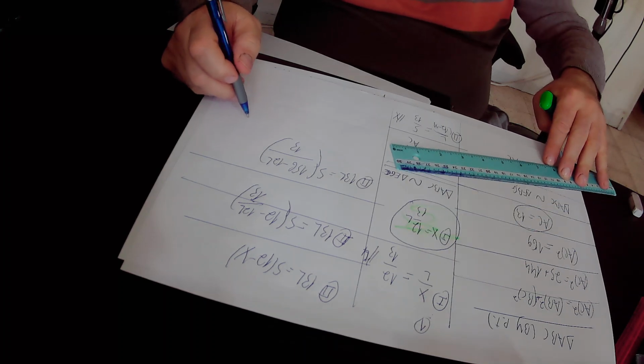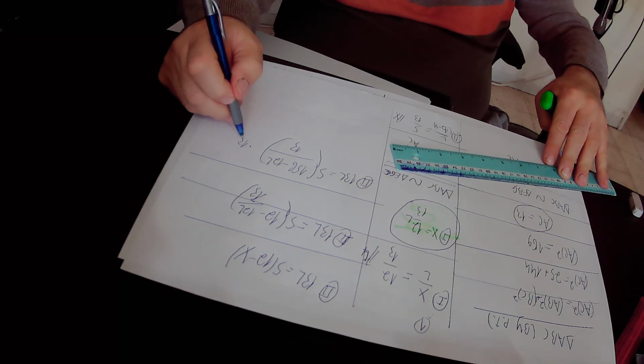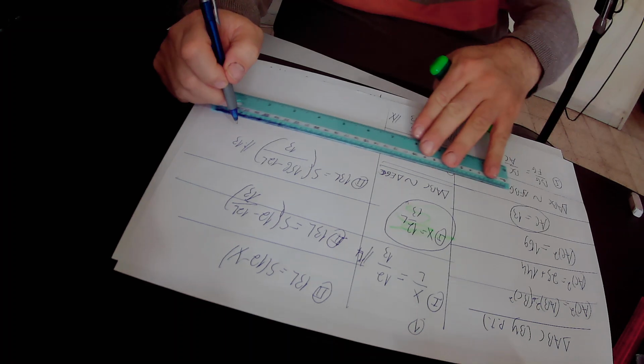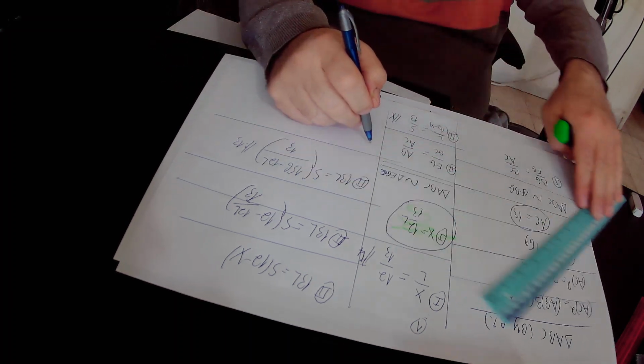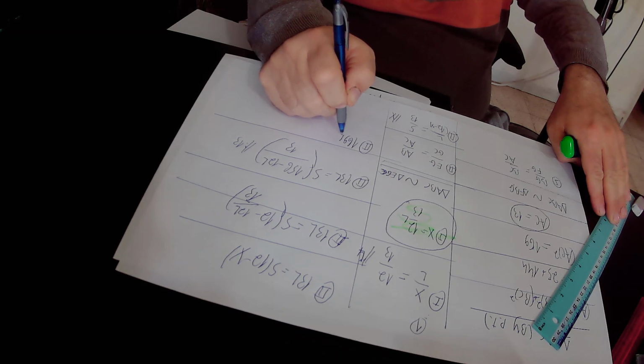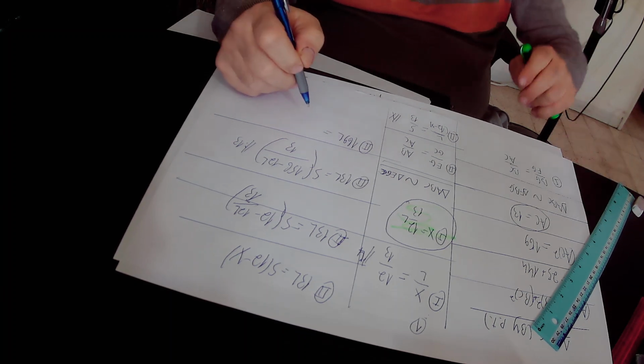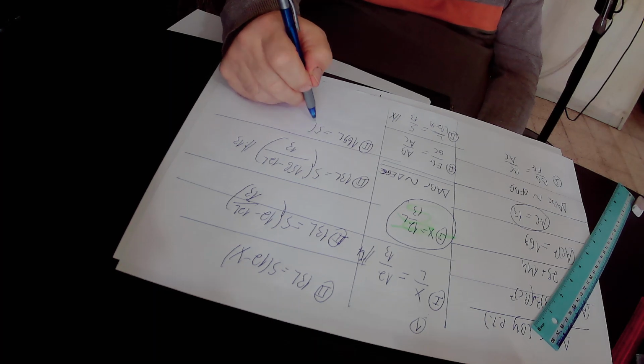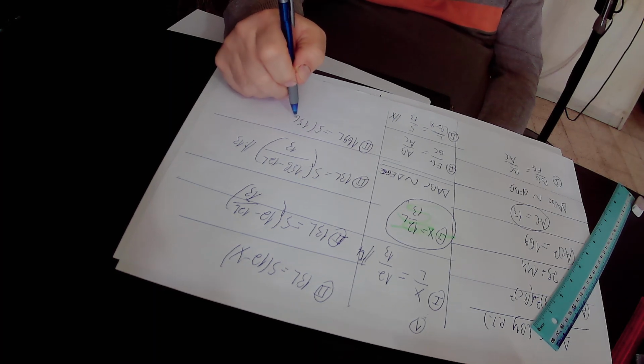Here we multiply equation 2 by 13, and finally we get that 13L times 13 is 169L, and it equals 5 times 156 minus 12L.